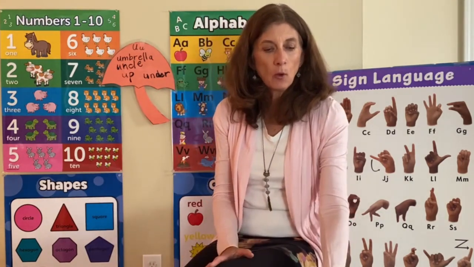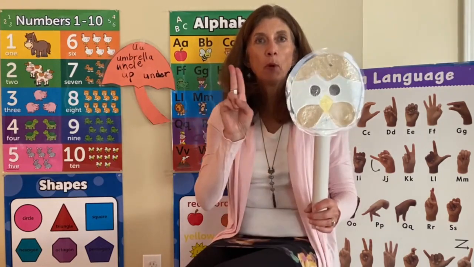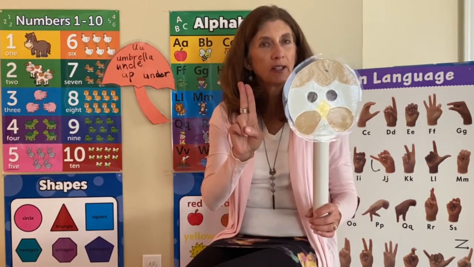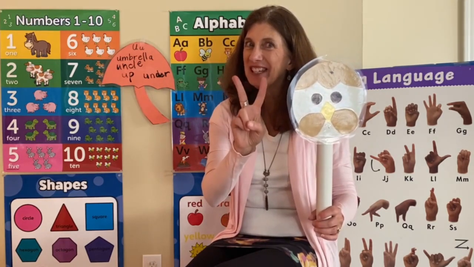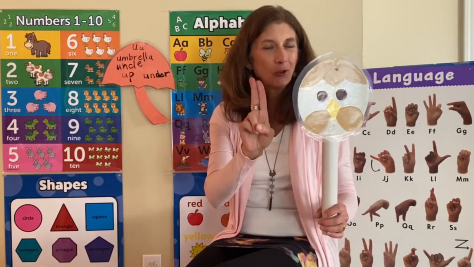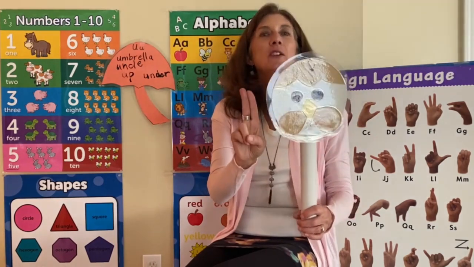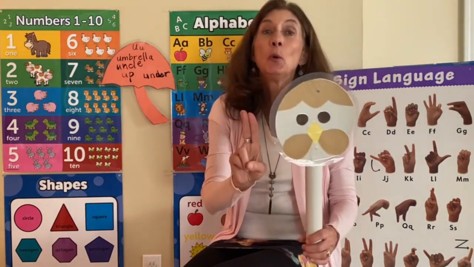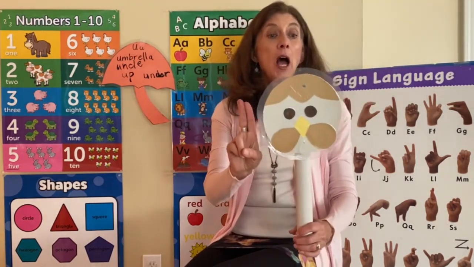Okay, before we go, let's do our letter U cheer one more time. Remember, we put up our 2 fingers. We don't go like this because that's our next letter. After U comes V. I just sneakily told you that. So keep your fingers together for right now. Okay, here's the cheer. U, for umbrella bird.